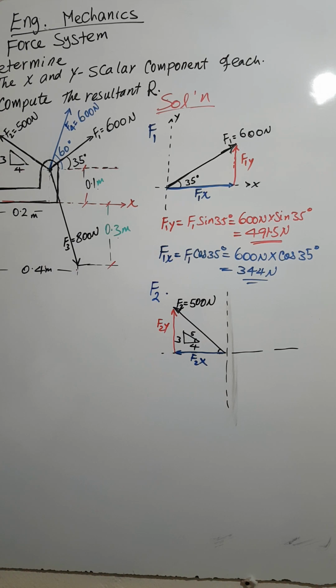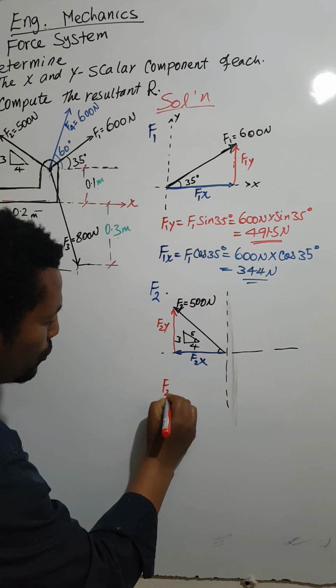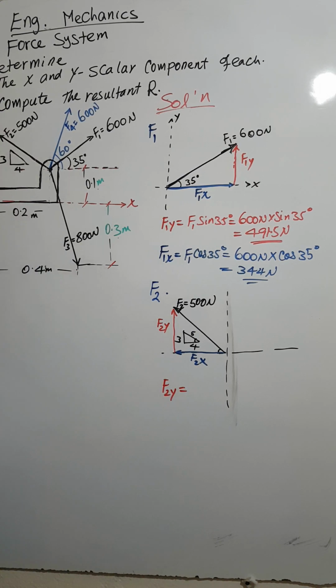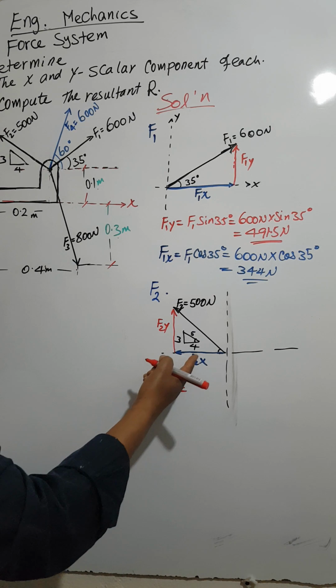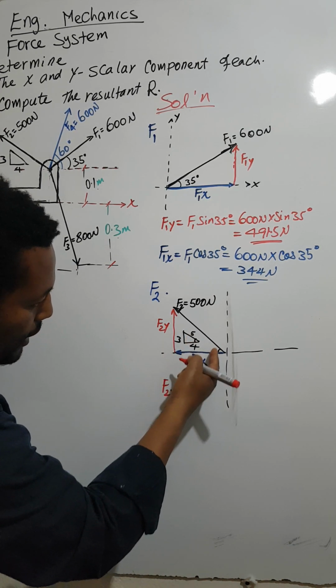these are the scalar components of force 2. ስለዚህ አሁን እንደለመድነው ምን እናደርጋለን? F2y እንፈልጋለን። F2y is equal to F2 still opposite to this angle, okay?